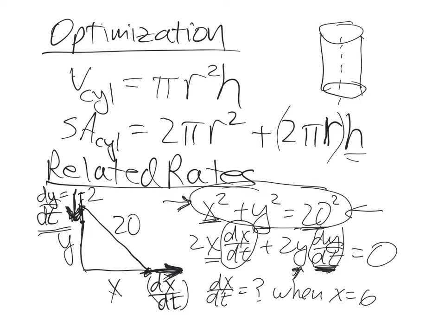When a couple of cars left the same point, one going north and one going east, the distance between the two cars, all three of the portions would be variables here.